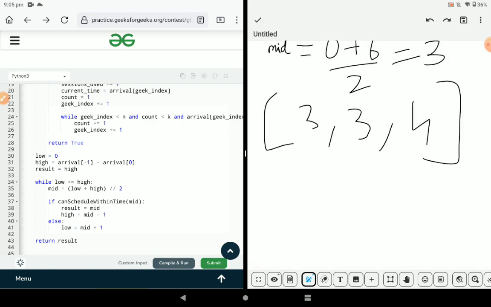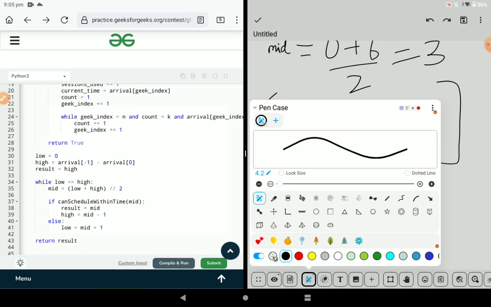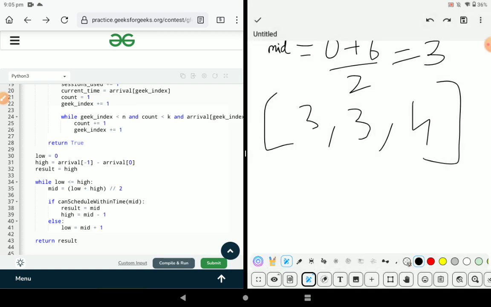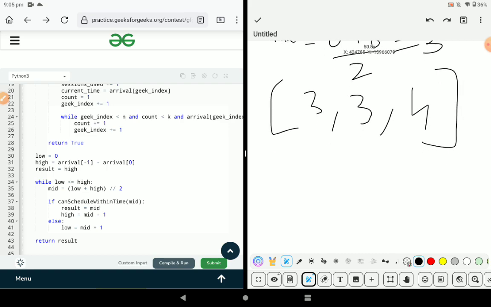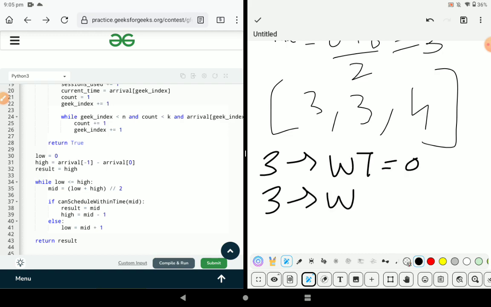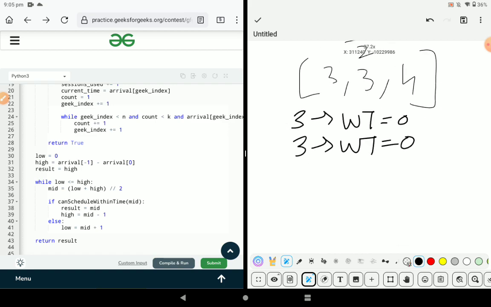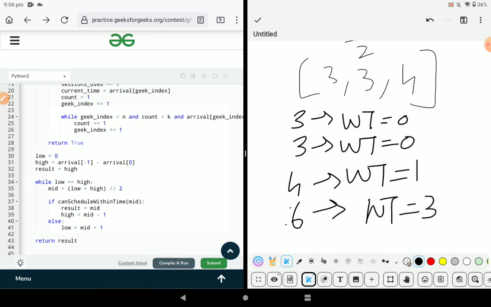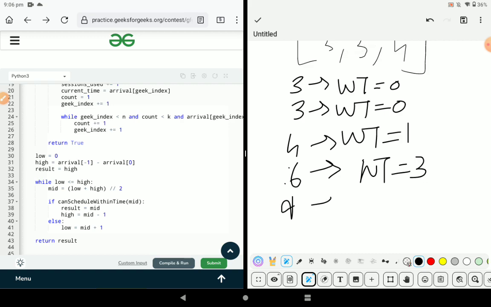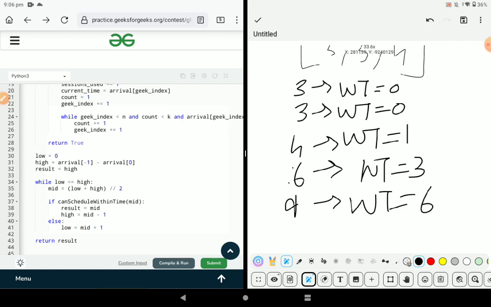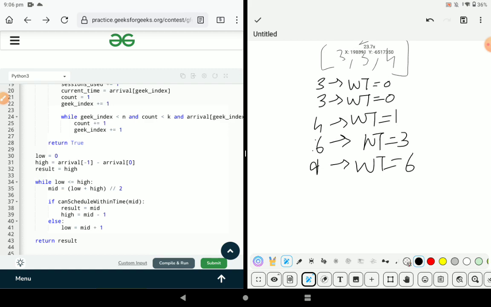Let's make it easier for you. For the first 3 the waiting time equals 0, again for 3 the waiting time equals 0, then for 4 the waiting time equals 1, then for 6 the waiting time equals 3, and then for 9 the waiting time equals 6. So these are the waiting times, and the maximum observed is 6.